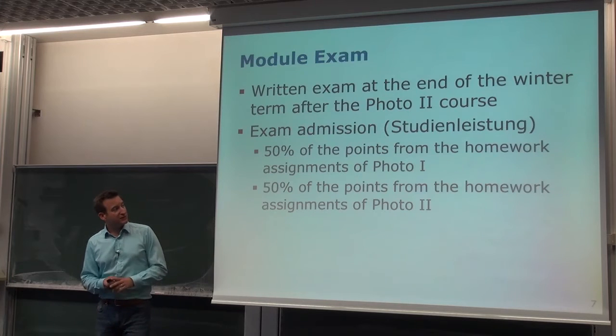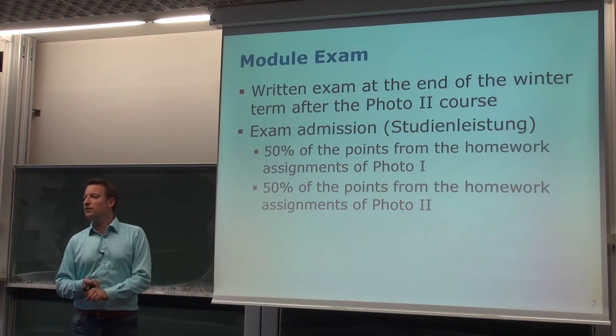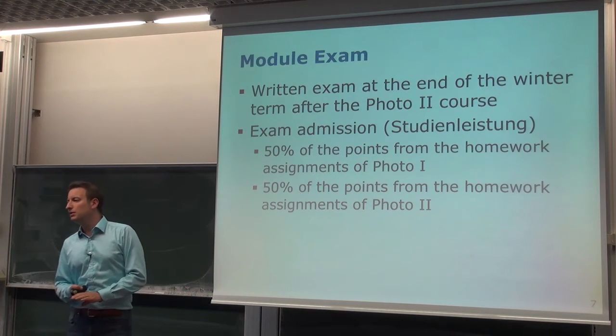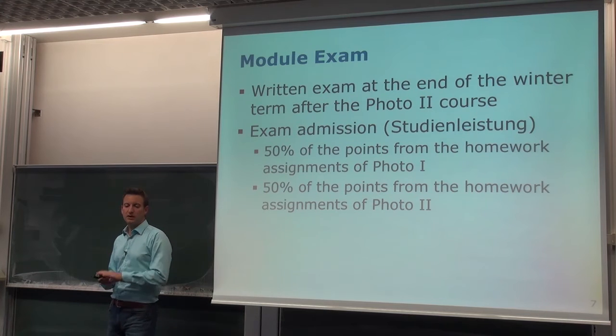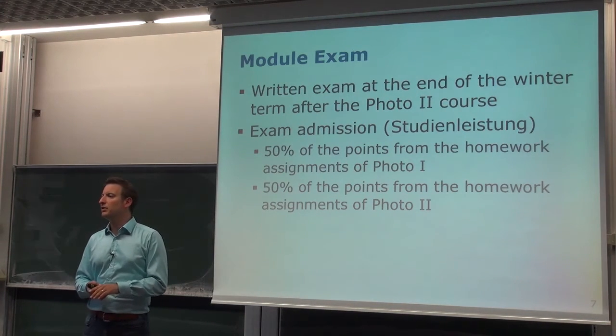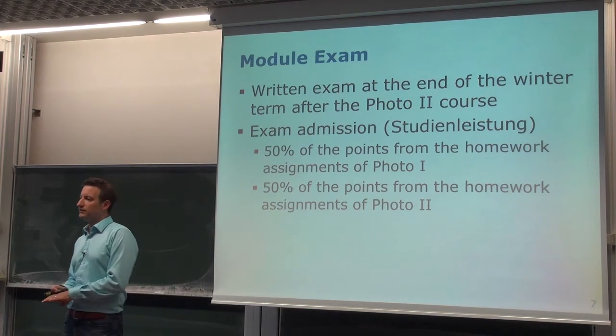In terms of the exam, there's also the slide I showed last term: the exam for the whole photogrammetry module, that means Photogrammetry I and Photogrammetry II, will take place by the end of this term. In order to be admitted to the exam, you need to have 50% of the points of the homework assignments from Photogrammetry I as well as from Photogrammetry II.